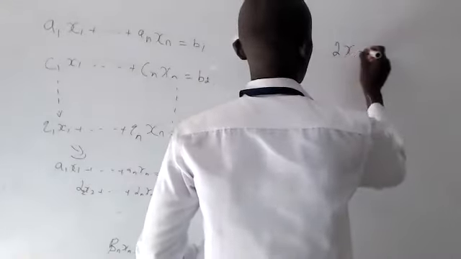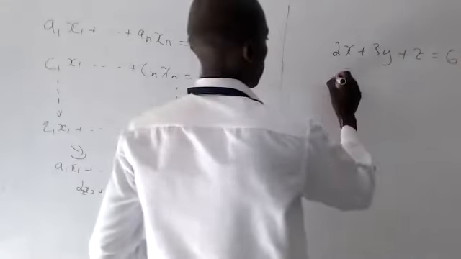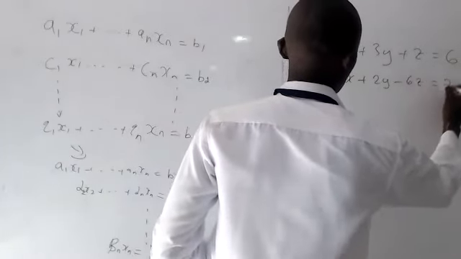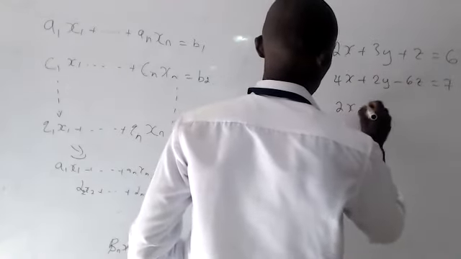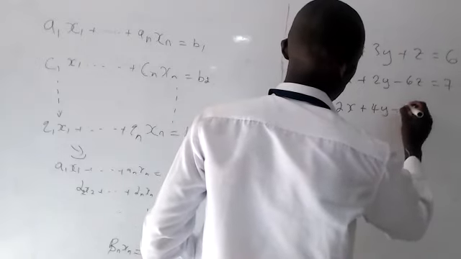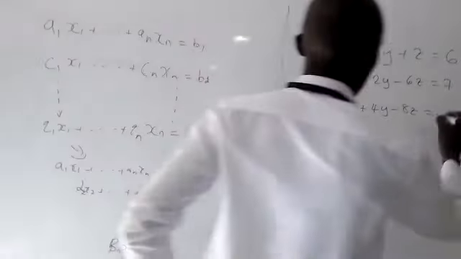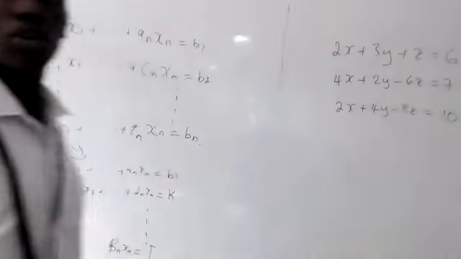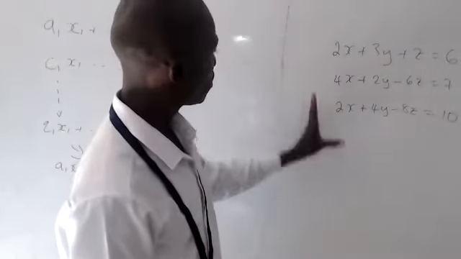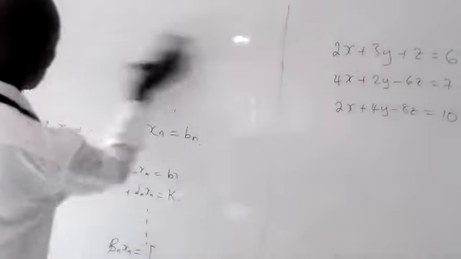Let's say 2x plus 3y plus z is 6, 4x plus 2y minus 6z is 7, 2x plus 4y minus 8z is equal to 10. You're given three equations with 3 unknowns, and you want to solve this by back substitution.